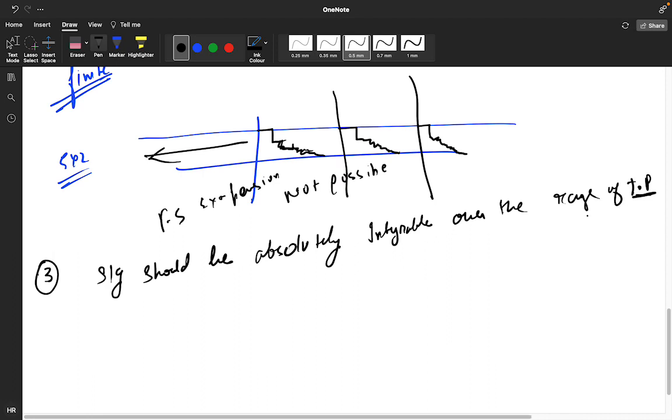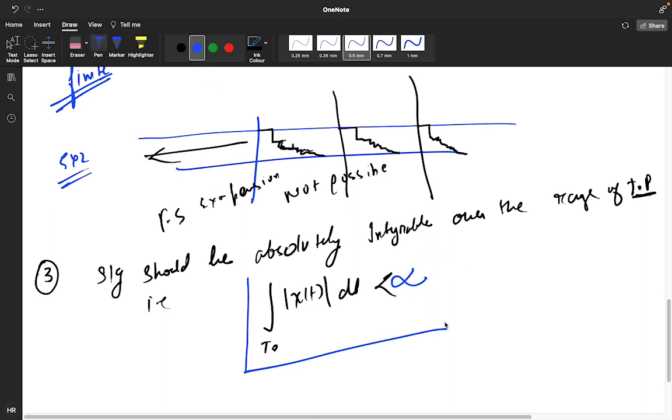That means you get a finite value. The integration of x of t dt should be less than infinity. These three conditions you need to remember.